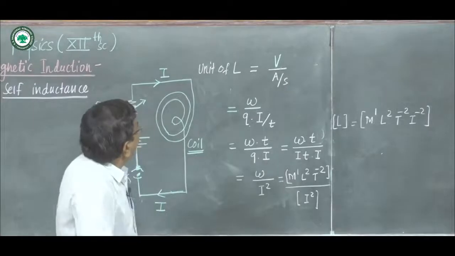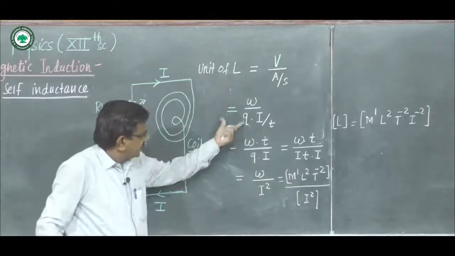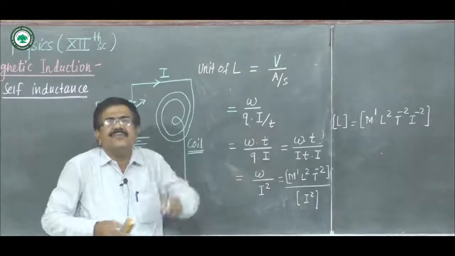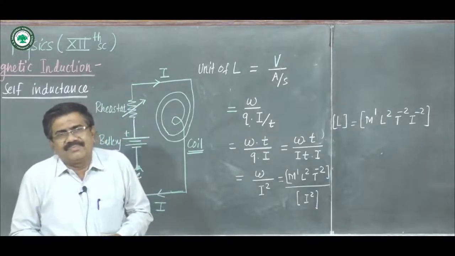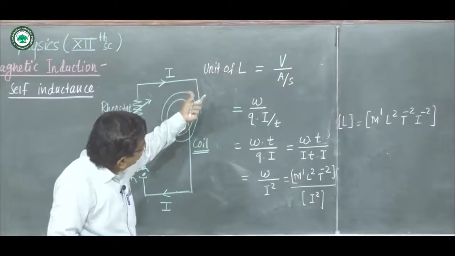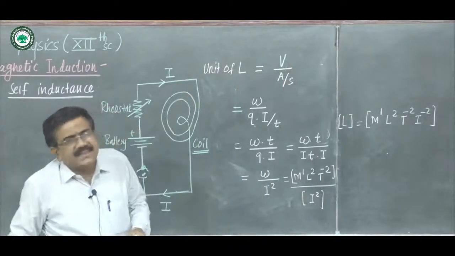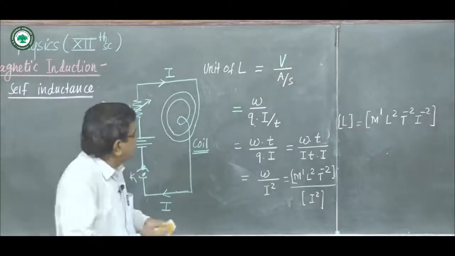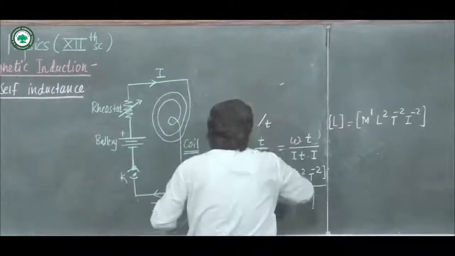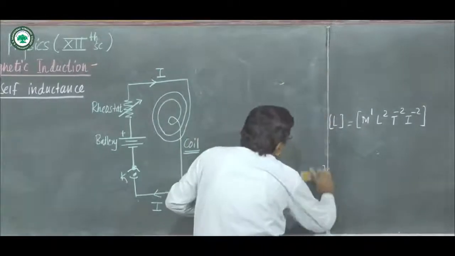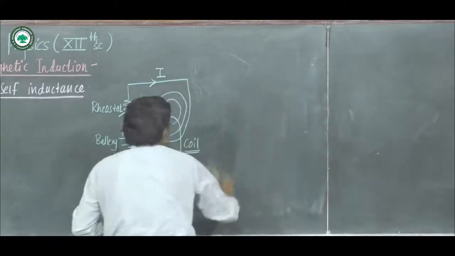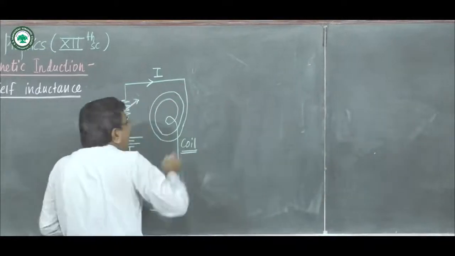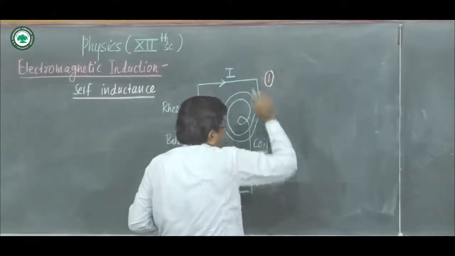Now here we know the unit of self-inductance and we know the dimensions of self-inductance. It is the property of the material. We define self-inductance in different ways. See here, the definitions of self-inductance. First, we can define self-inductance in different ways.